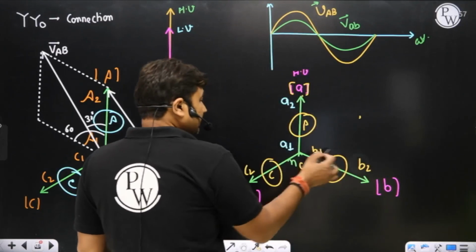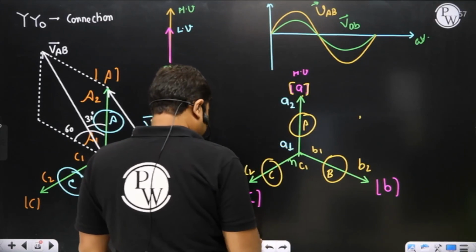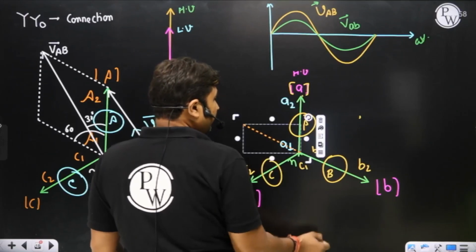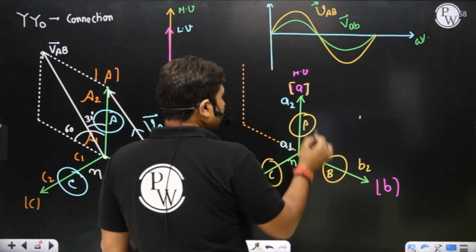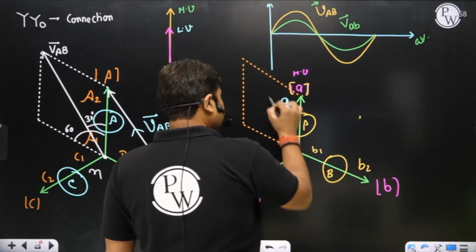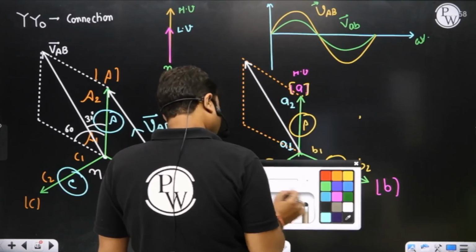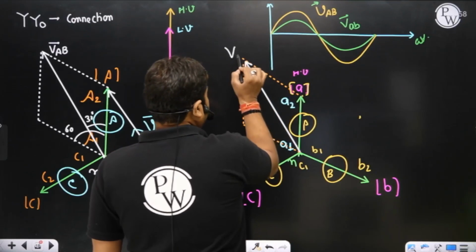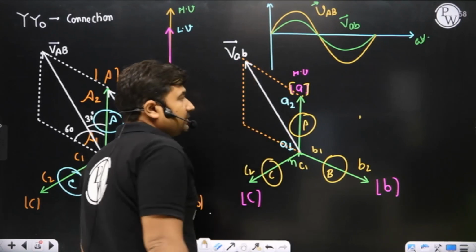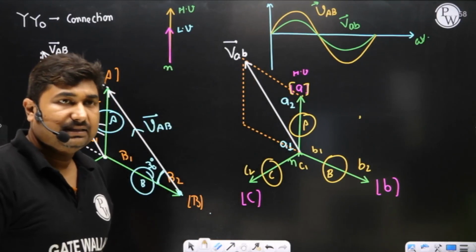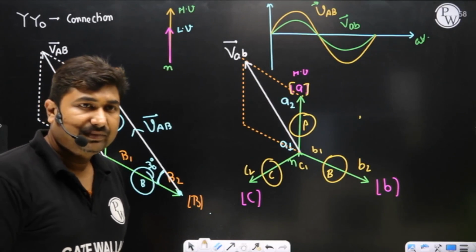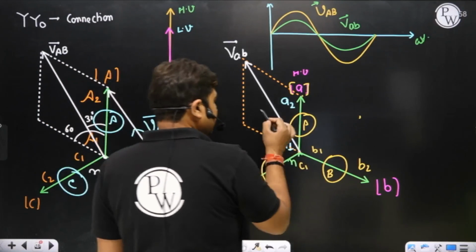Similarly, what is VAB small? VAB small can be represented here as VA minus VB. VA minus VB can be represented here in this way, sir. VAB. Can I represent it in this way? Yes, sir.